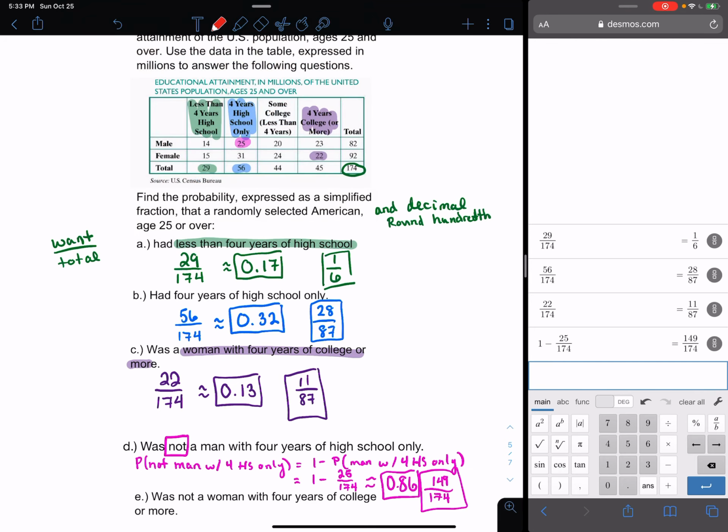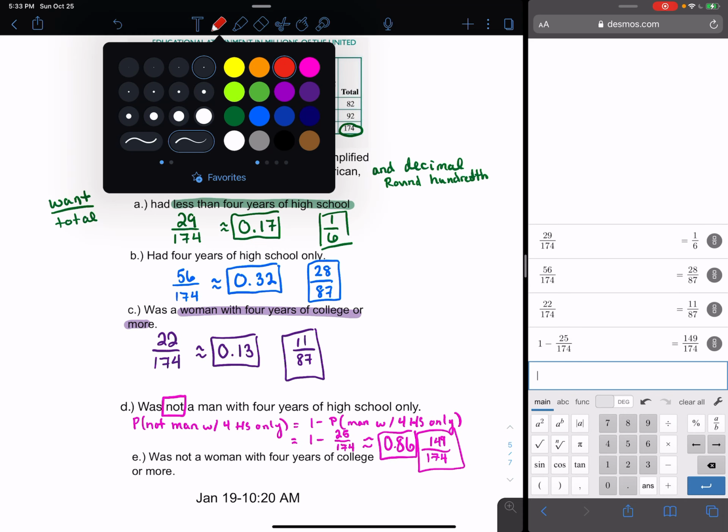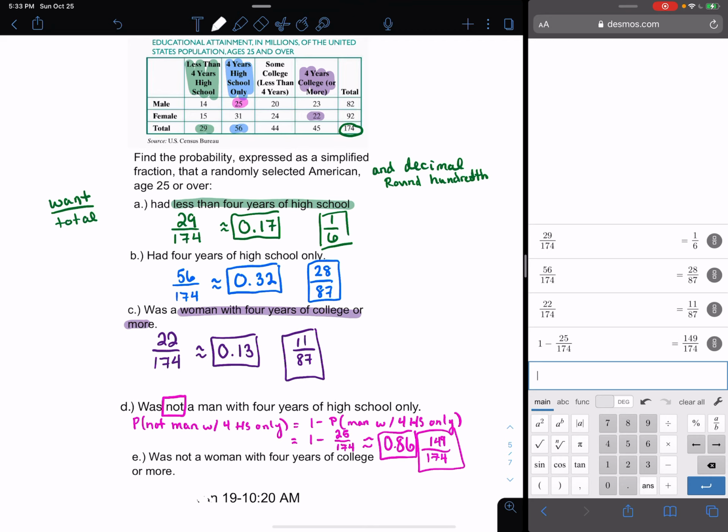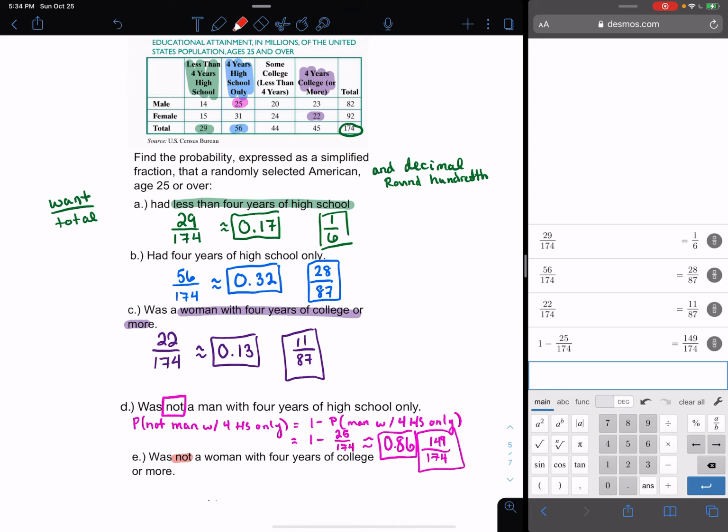So let's look at part E. Was not a woman with 4 years of college or more. So if we're thinking about that, we have a not again, and we have not a woman with 4 years of college or more.